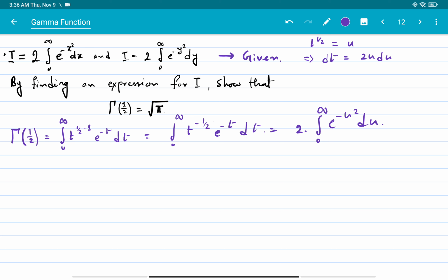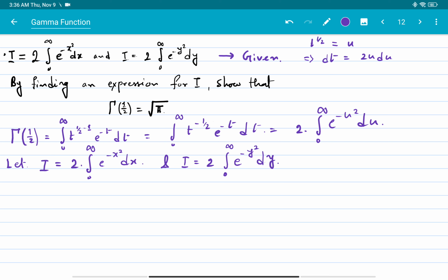Now let I equal 2 times the integral from 0 to infinity of e to the power minus x square dx, and I also equals 2 times the integral from 0 to infinity of e to the power minus y square dy.